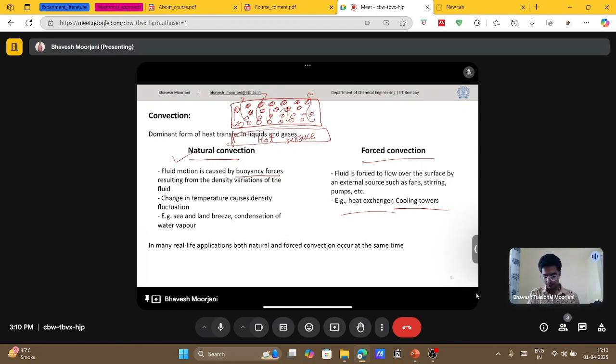Now apart from this, this is the classification based on how the fluid is flowing, how fluid motion is occurring.